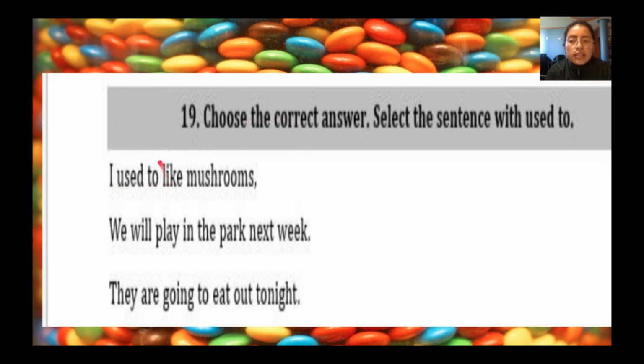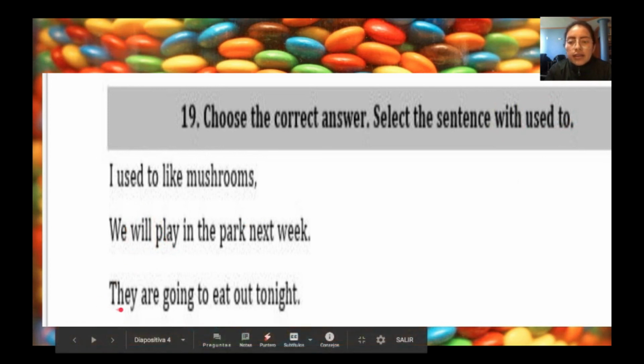La oración está usando used to y la instrucción le dice que seleccionemos la oración que utiliza used to. The second is using the auxiliar will. And in the third, the sentence is in present continuous. For this reason, number 1 is the correct answer.